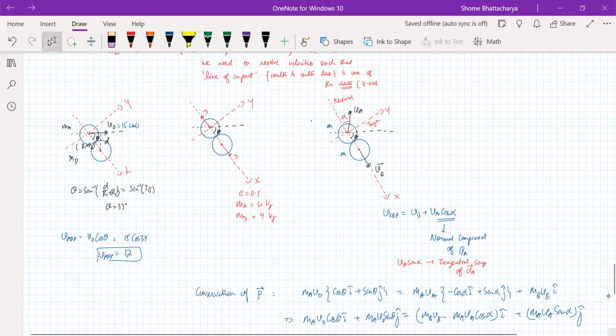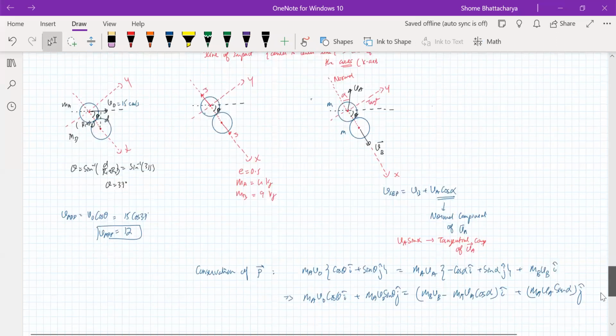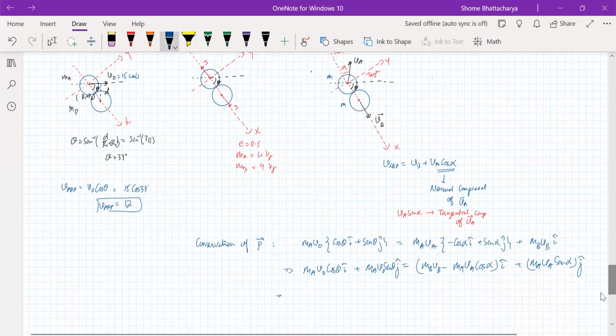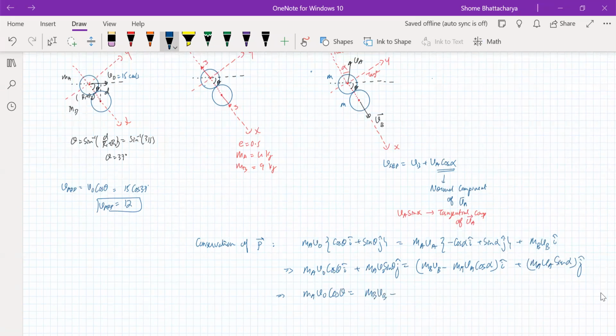Here we are getting it indirectly, there we said it directly. So you can compare the two and make that statement. So you can see that MA V naught cos theta is equal to MB VB minus MA VA cos alpha. That's one equation. And MA V naught sin theta is equal to MA VA sin alpha.